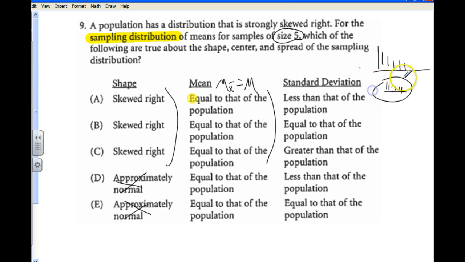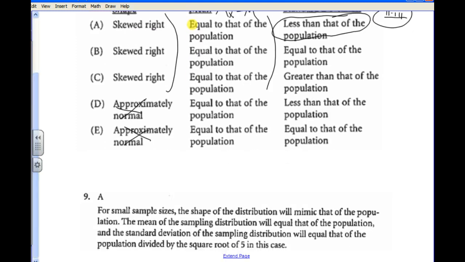The sampling distribution may look something like that, maybe not quite as spread out as this one is. So certainly we do know that the standard deviation of the sampling distribution would be smaller than the population. Now let's just double check we're right. Yes, A is correct. And it says some things there you can read.